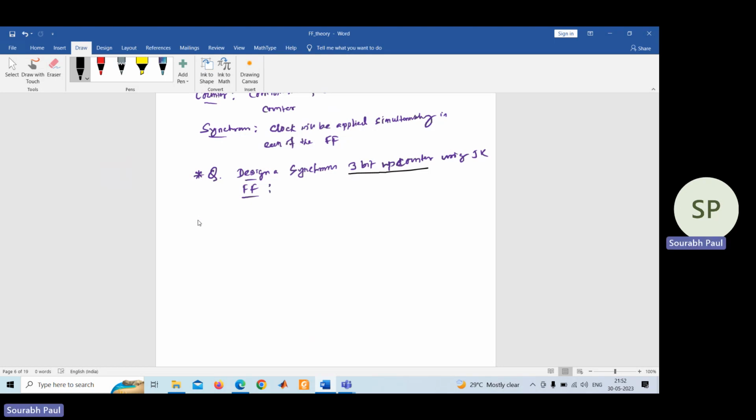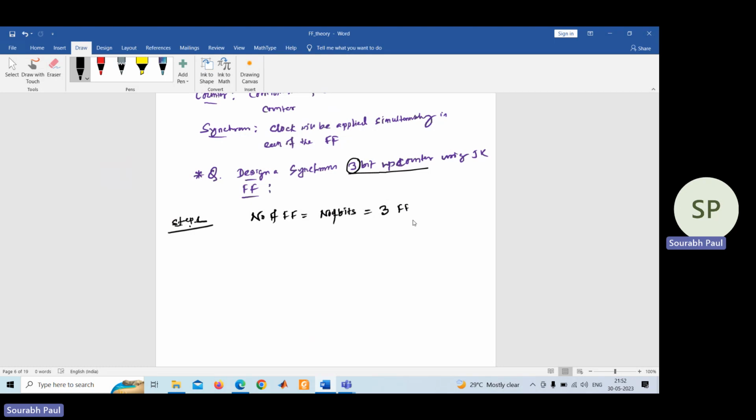So what is the first step? Step number 1, you need to determine how many flip-flops you need to use. The number of flip-flops will be equal to the number of bits. As it is given 3-bit, how many flip-flops do you need? 3 flip-flops. Now, why am I saying the number of flip-flops will be equal to the number of bits?